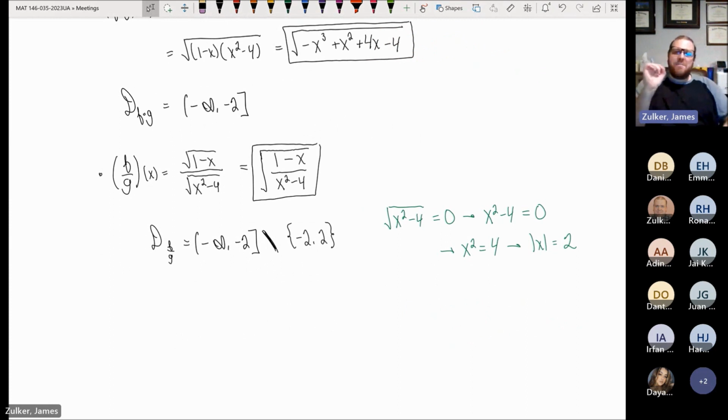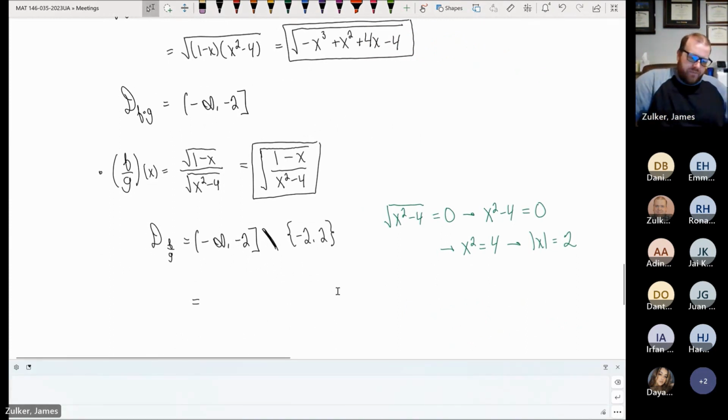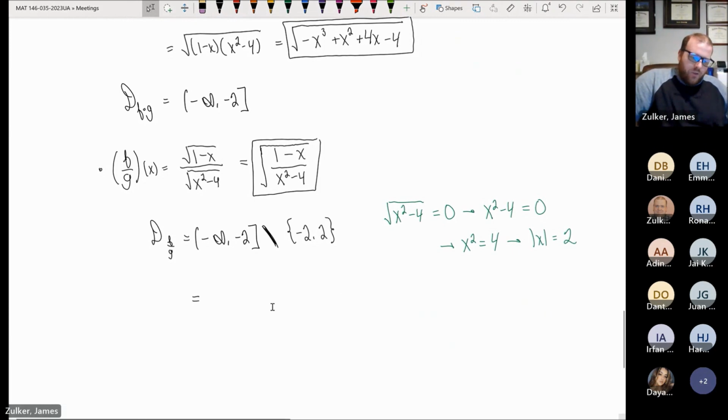So here's how set minus works. Look at the first set. From this set, we take out every element that's in the second set, right? So you look, okay, -2, is that in the first set?